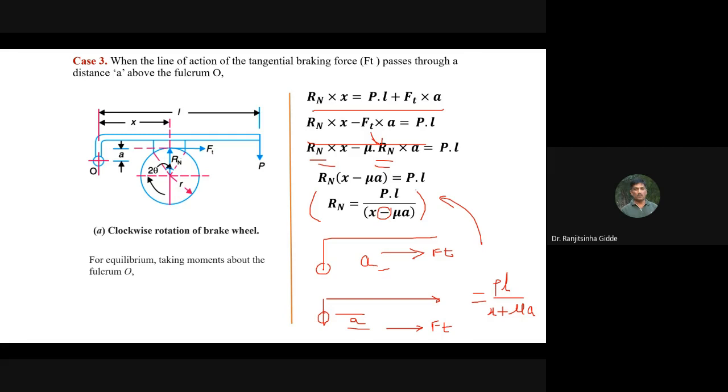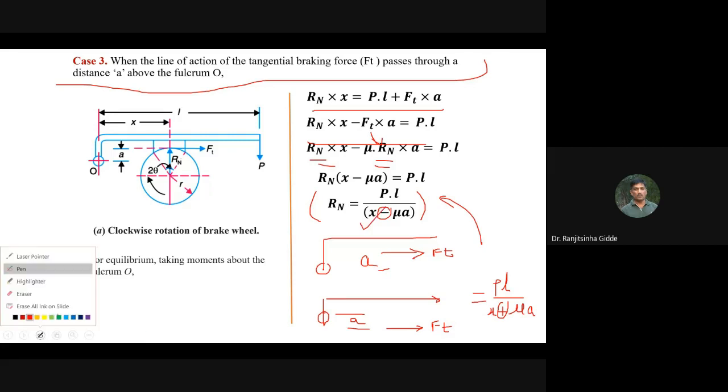So see how important it is, only a slight change they have given. If the fulcrum is above, a plus sign comes here; if the fulcrum is below, a minus sign. Okay.